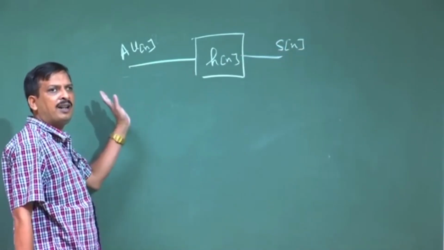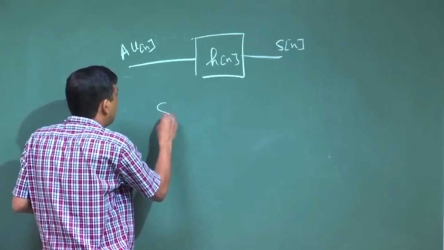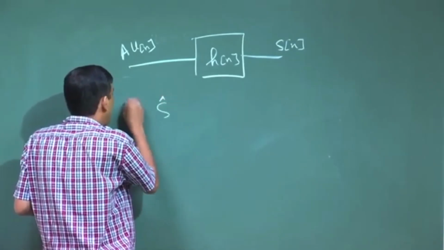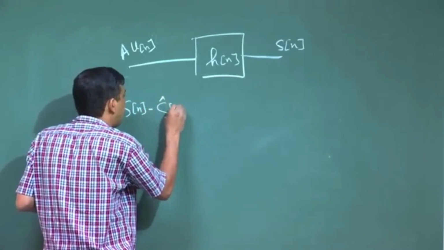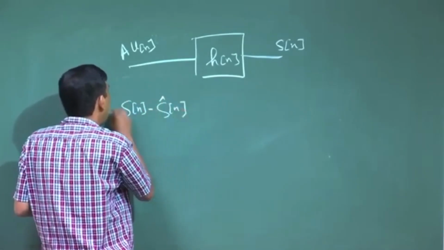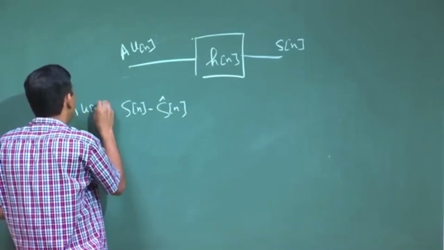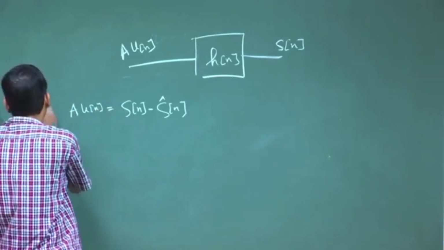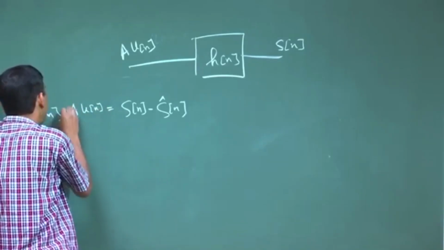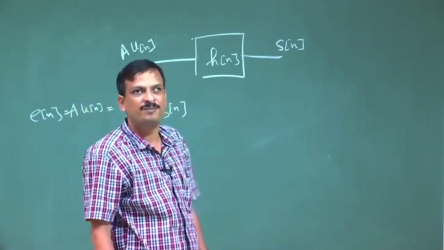Now, if you remember linear prediction, I want to predict the signal s(n), and if I subtract the predicted signal, the remaining is nothing but u(n), which is nothing but e(n). The error signal is nothing but the excitation signal, inverse filtering.